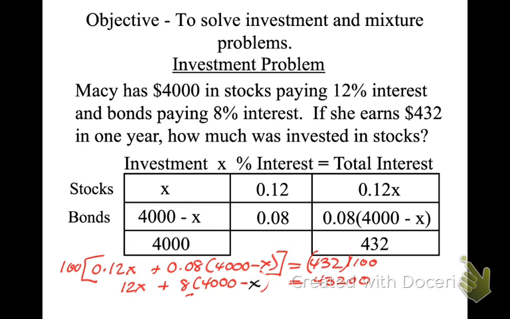So then I'm distributing, I get 32,000, that's a positive, sorry. And then we have minus 8x and 12x here. I'm subtracting 32,000 from both sides.